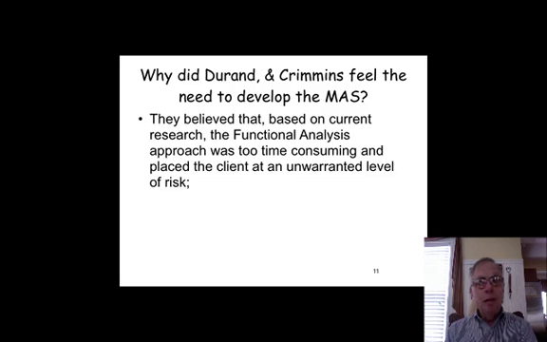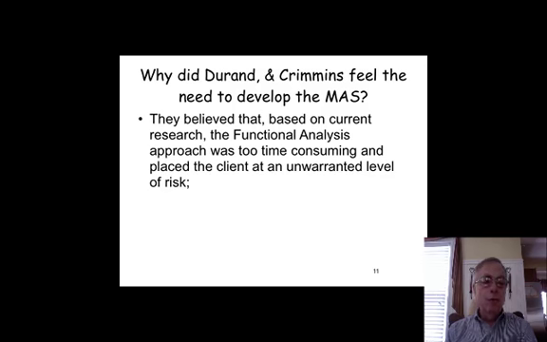But according to Durand and Crimmins and others, these analog environments were not only too time-consuming and too costly, but the risk involved, for example in the alone condition, of leaving somebody alone for 15 minutes without supervision, was real. If they began to headbang and did that for 15 straight minutes, that could cause a person a lot of harm.